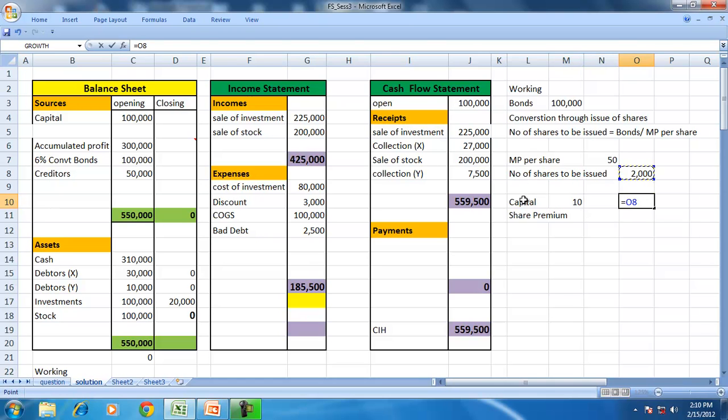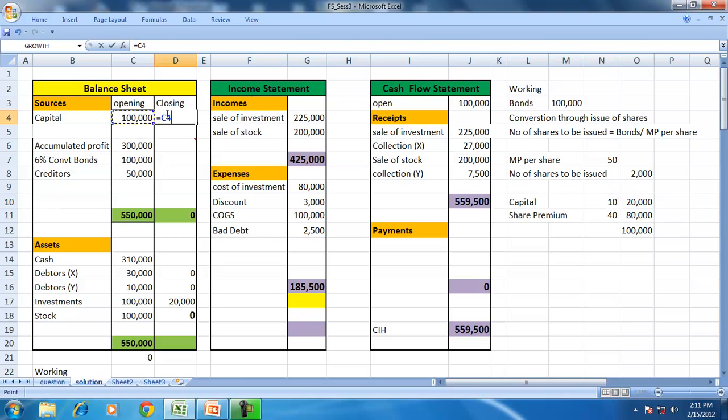So the capital is equal to 20,000 and the premium is 40 per share, so the premium is 2,000 into 40, that is 80,000. So we are converting the bonds of 100,000 by issuing shares of 10 at a premium of 40.